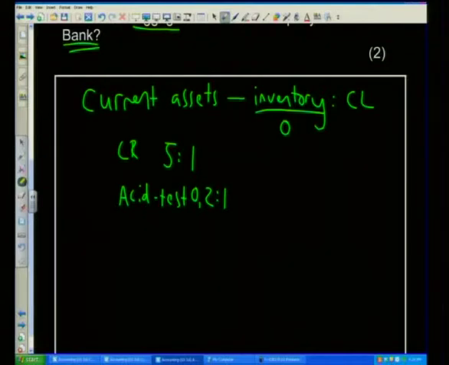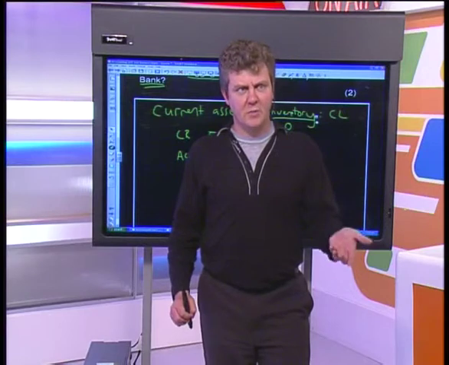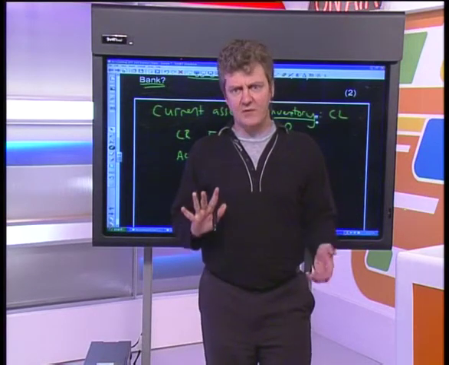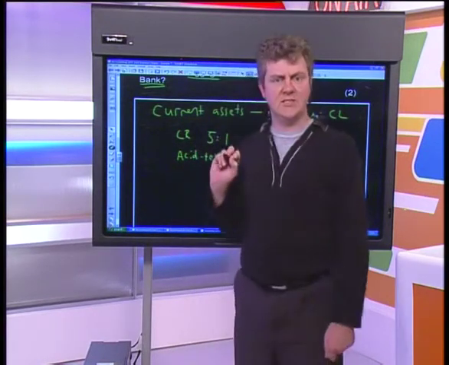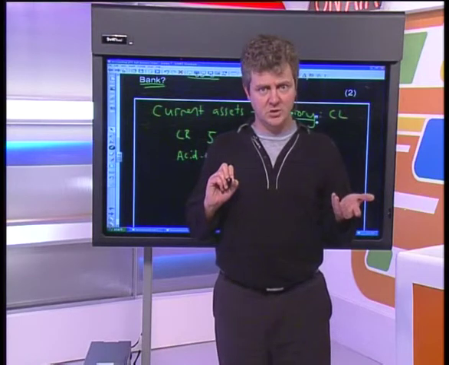So, if we take away the inventory from the business, suddenly we've got an asset test ratio that's actually quite low. And if we were dealing with inventory included in our ratio, we get an answer of 5:1, which means that the business is able to cover its liabilities 5 times over. For every 1 rand that it owes, it's got 5 rands worth of current assets, which obviously includes your inventory.